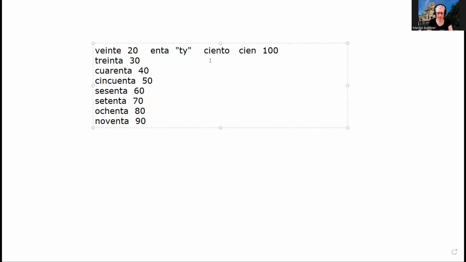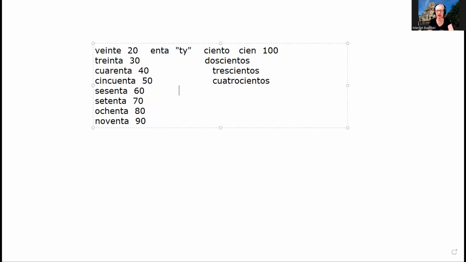But all of the other words, with one really notable exception, are easy to tell because you've got this ciento in the core. So 200 is going to be doscientos, right? And that cientos word goes plural because it's more than 100, yeah? 200, 300, 400. Wow, what a great pattern.